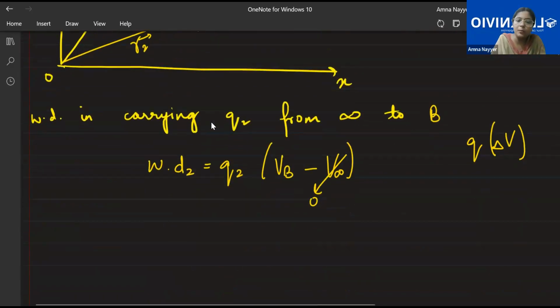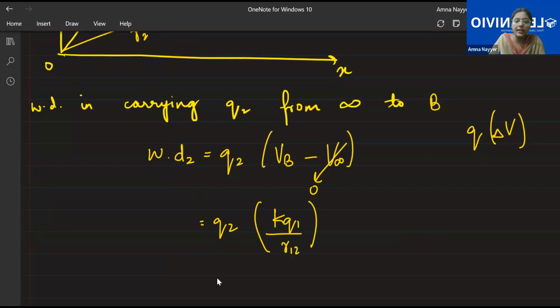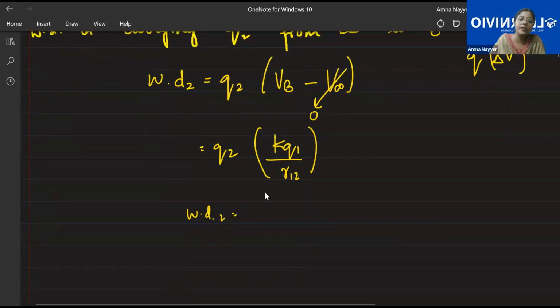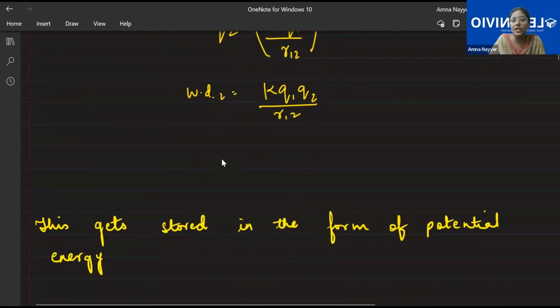When you are calculating the potential, it will be K Q1 by R12. So what will be the work done? It will be K Q1 Q2 by R12. So this entire work done gets stored in the form of potential energy.